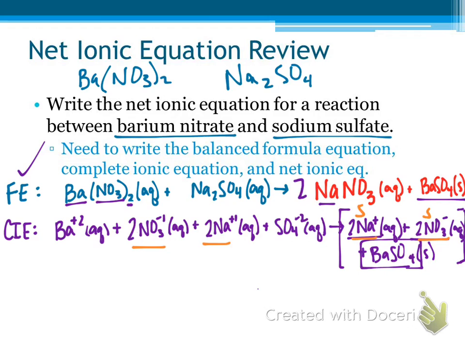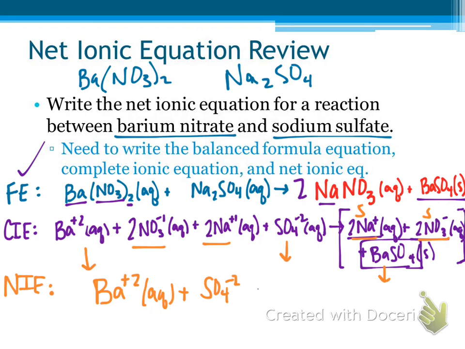Okay? So our net ionic equation just deals with the ions that were involved, which we know to be barium and sulfate, which yielded barium sulfate. Right? So barium started as barium plus 2, which was aqueous, plus sulfate, SO4 minus 2, which was aqueous, yields BaSO4, which was a solid.